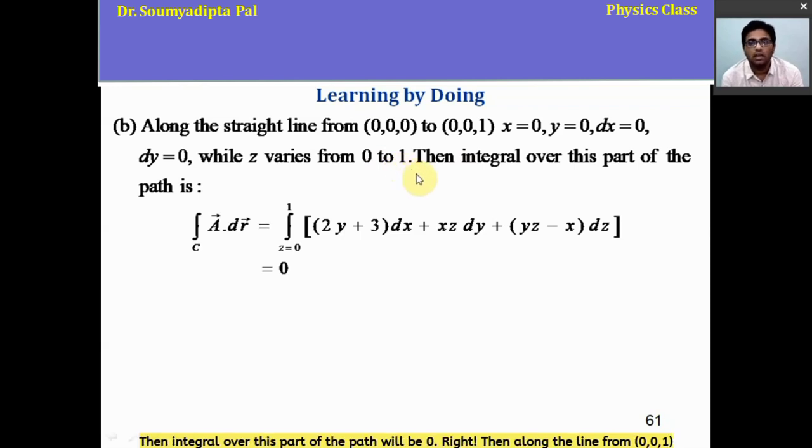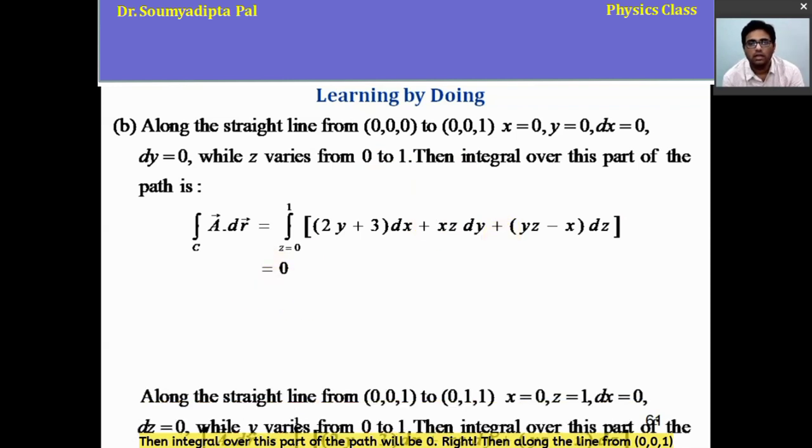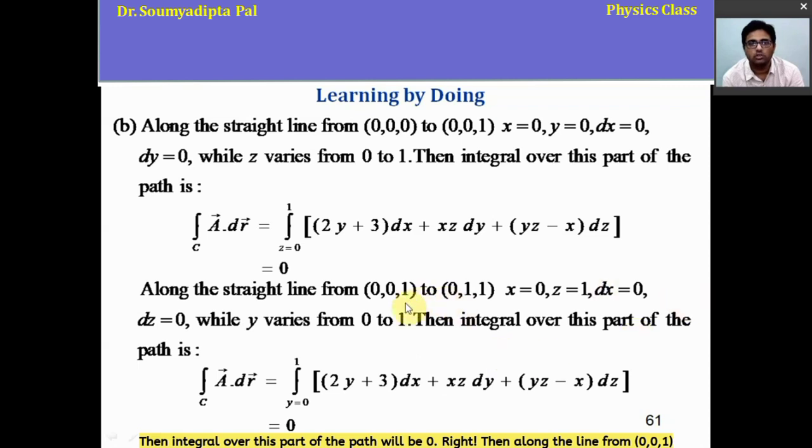Then the integral over this part of the path will be 0. Right? Then along the line from (0, 0, 1) to (0, 1, 1), here x equals 0, z equals 1, dx equals 0 and dz equals 0, while y varies from 0 to 1, and the integral becomes 0.